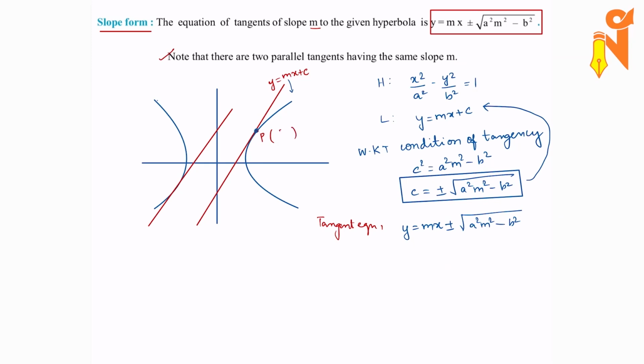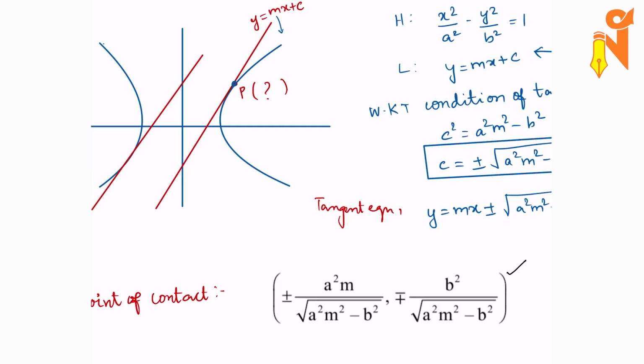What will be the coordinate of point P or the point of contact? The point of contact you will get by solving the line equation with the hyperbola, so upon solving you'll get the coordinate as this.